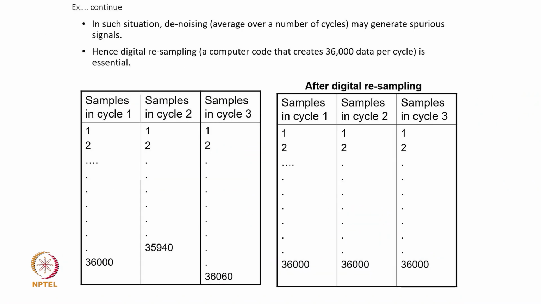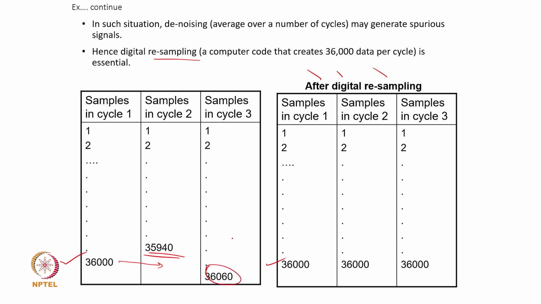Then we do a digital resampling. What is the meaning of digital resampling? We try to convert each cycle to the same number of data. So in this case 36,000 will be maintained. In this case the number of data points has reduced, so we will stretch it, and make sure that the first point and the last point are the same, and then we do a kind of extrapolation to get the results.